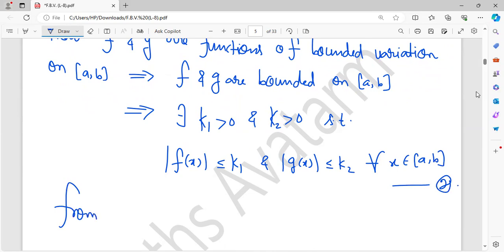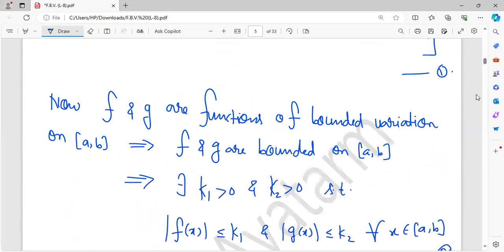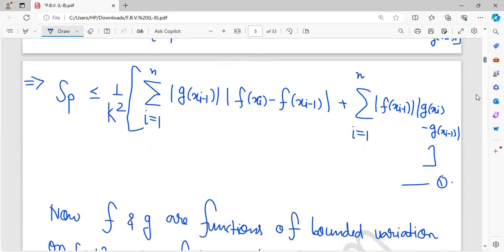From 1 and 2, we have S_P is less than or equal to 1 upon k square, already. In this summation, i goes to 1 to n, and f(x_{i-1}) is here, so I can put K1 here. No, sorry, I should keep it. Let's see the equation number 1 again.